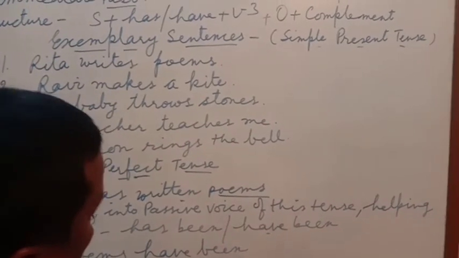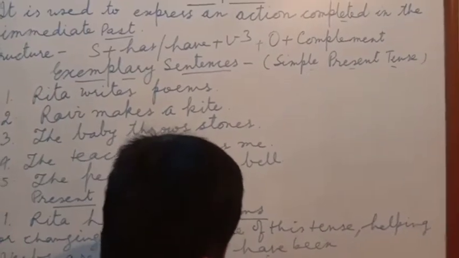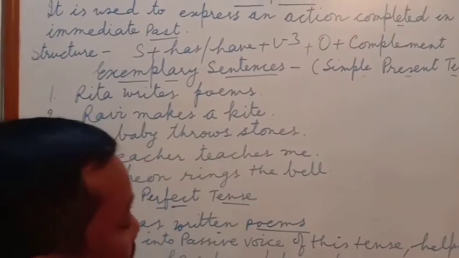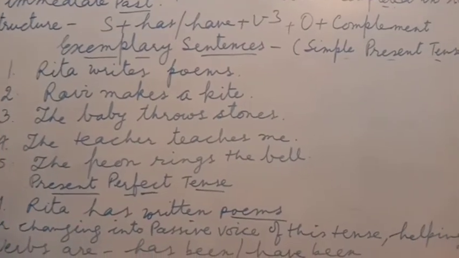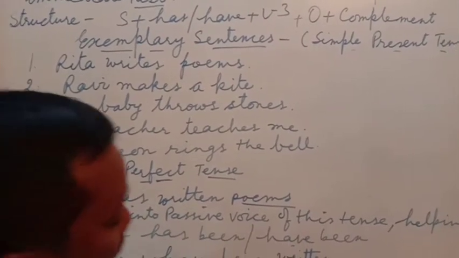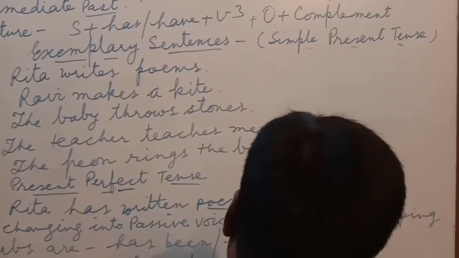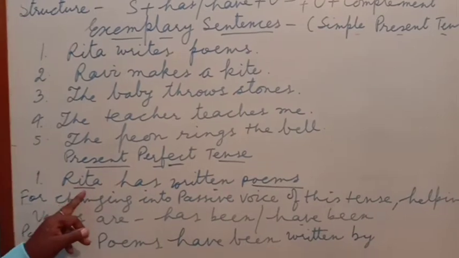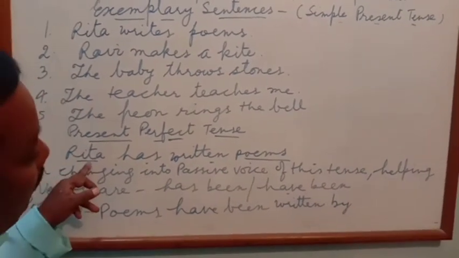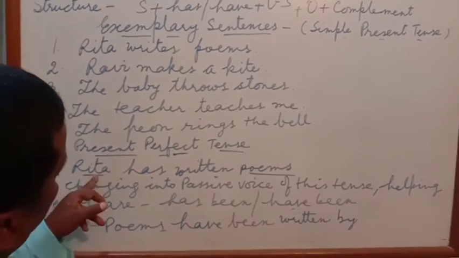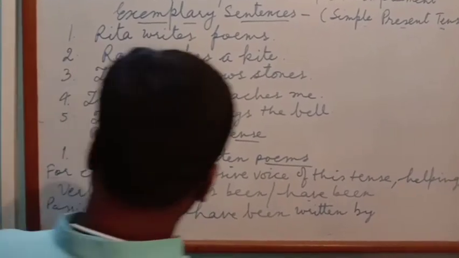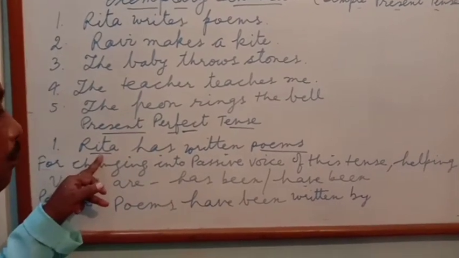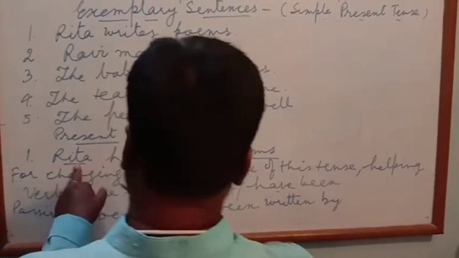And after helping verb, in passive voice, we have to use third form of the verb. Poems have been written, and after V3, subject will be object. Which type of object? Active object, because this object is in action. So there are 2 types of objects, active object and passive object. This is active object.